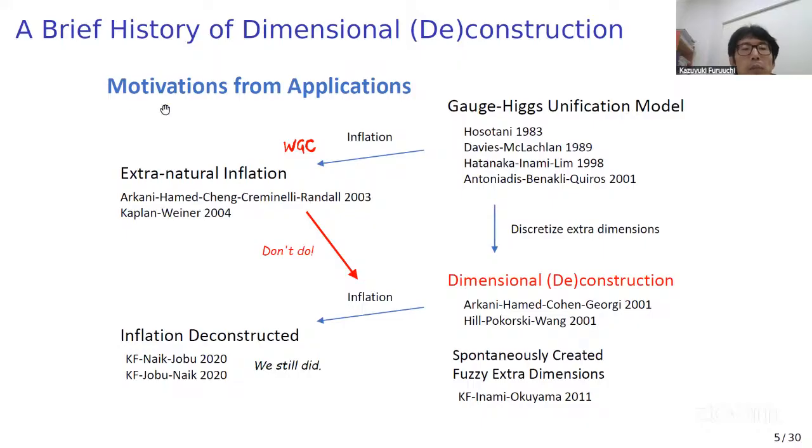To explain the motivations and historical background, let me start from the gauge Higgs unification model. This is a model that identifies the Higgs field as an extra-dimensional component of a gauge field.